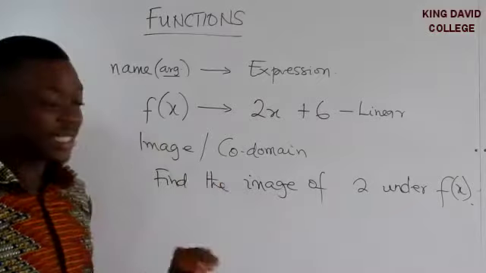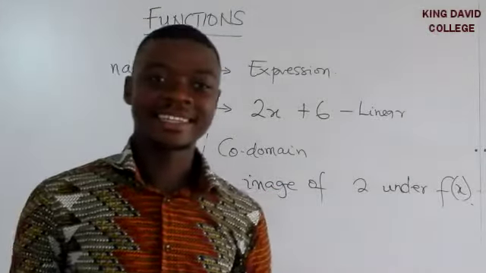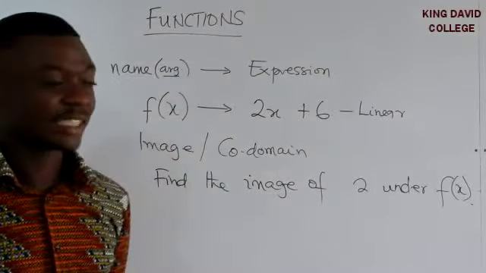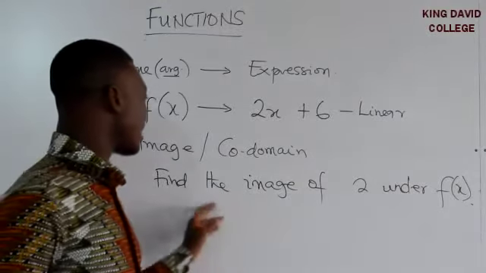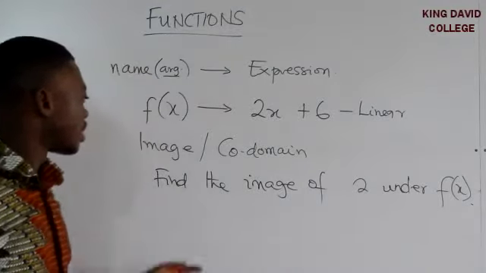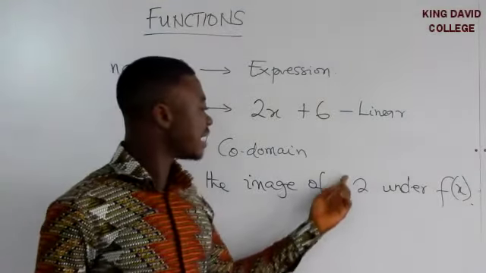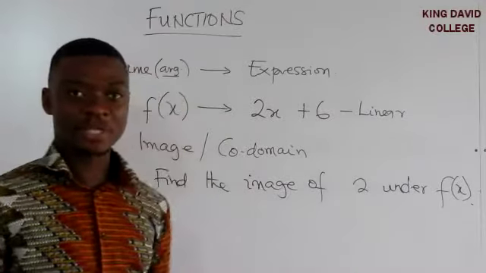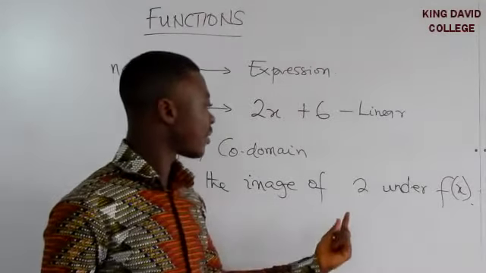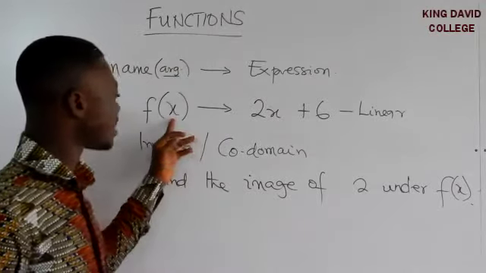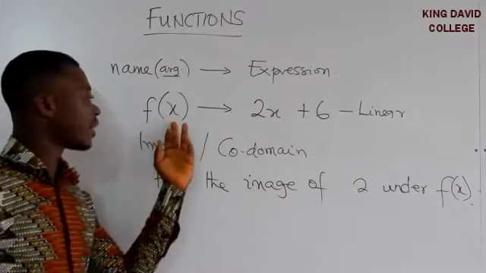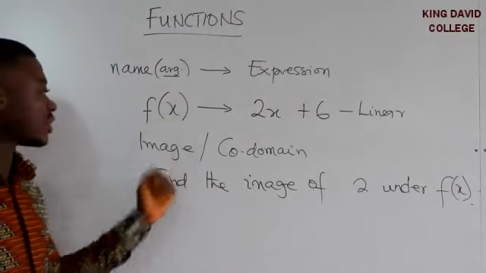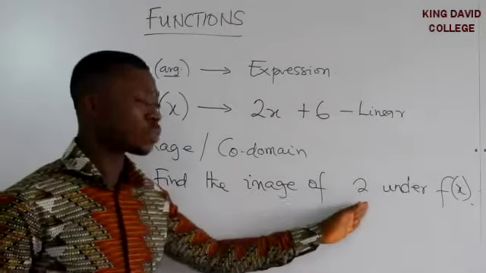This is one of the simplest tasks they can give you in functions. The simplest. What this is saying is that you should find the answer or the result if my argument, which is the variable, the input to this function, is 2.